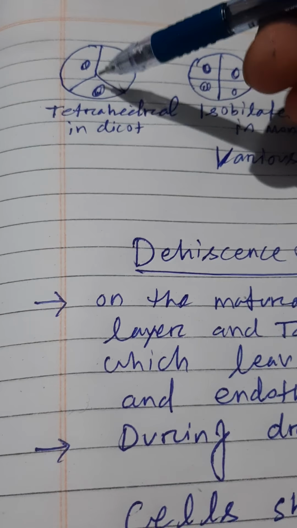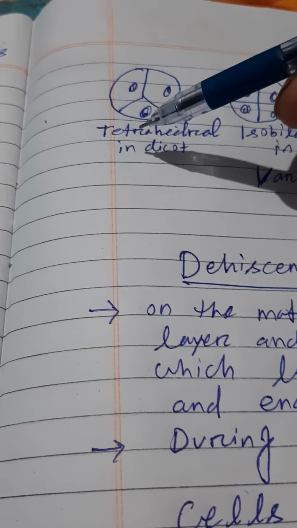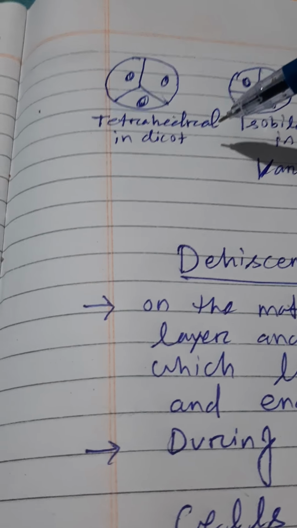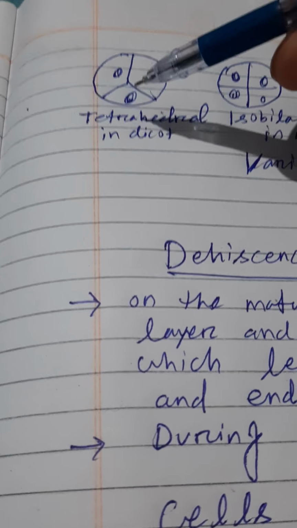In this manner they are arranged, and this type is called tetrahedral. If you look at this diagram, I know one question comes to your mind: here you are looking at 3 microspores, but we are still saying tetrahedral. How is it possible?